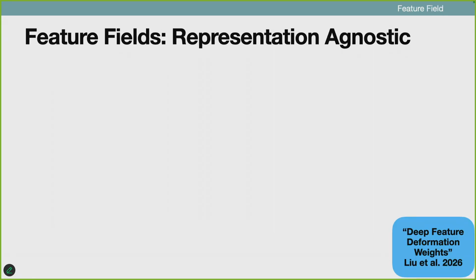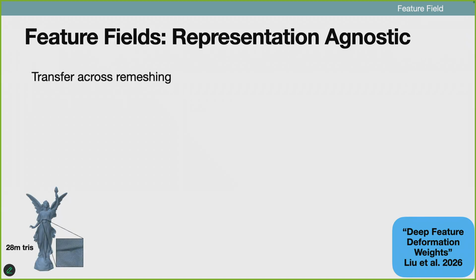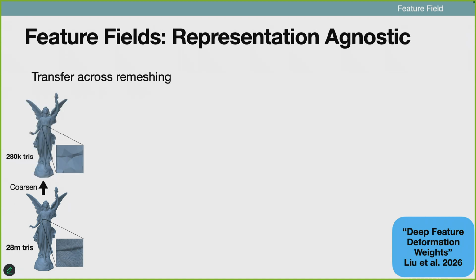There are a lot of great properties we can exploit from this ambient space property, in particular when dealing with 3D objects. For example, feature fields are representation agnostic and hence can be transferred across different remeshings and representations.